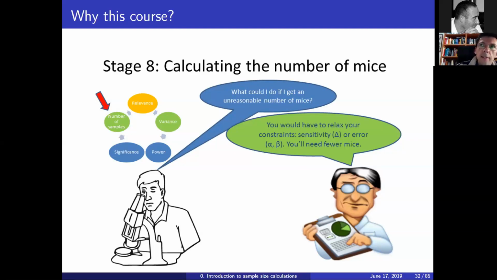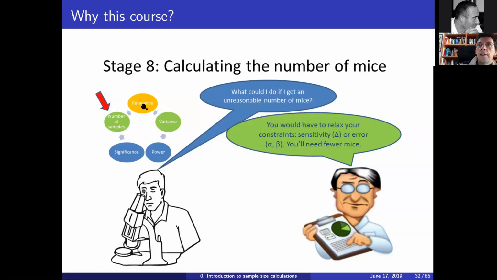We will see later a little bit of how to reduce the variance a bit. Otherwise, what you can touch is the relevance. If you need 300 animals, it's probably because you want to be very sensitive.